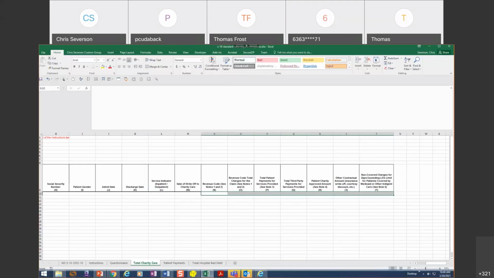The negative is already coming through on the charity care listing or the bad debt listing. So it would actually be a double negative if we tried to also include a payment reduction. So you're correct. In that situation, it wouldn't be included in the patient payment tab, although it would be a negative amount on the total charity care tab. And that in and of itself might raise some questions, but it's a valid situation.